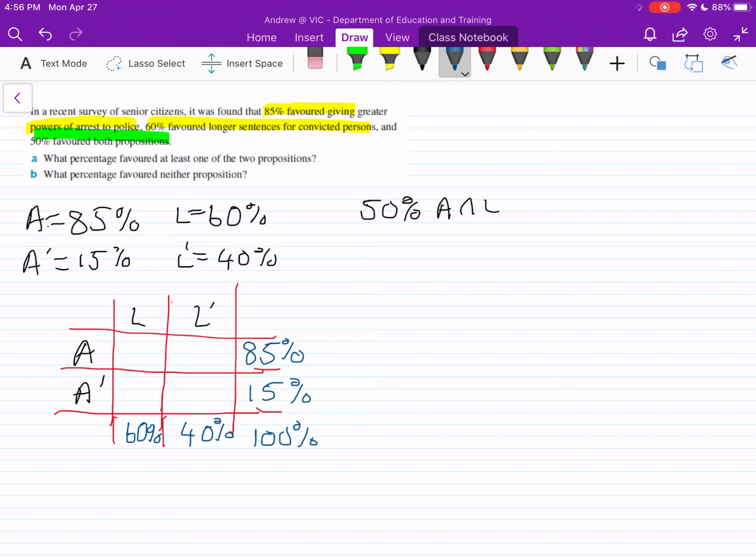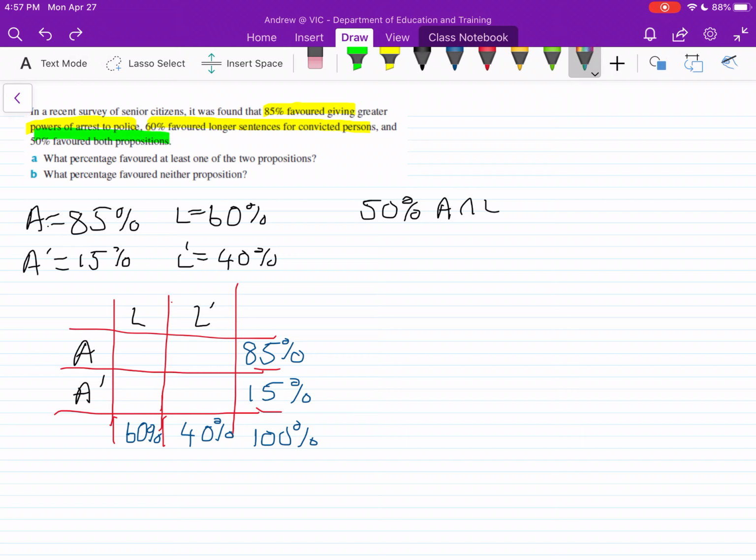With these, just remember that all the values across in our top row need to equal 85%, while all the values in the second row need to equal 15. All the values down here need to equal 40, and all the values here need to equal 60.